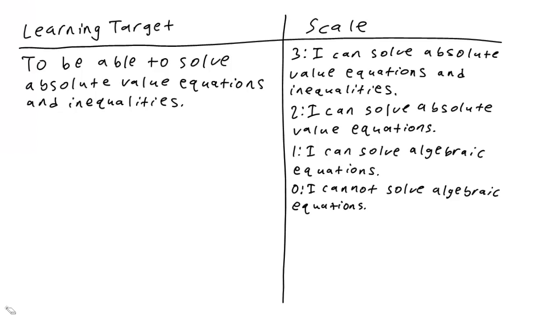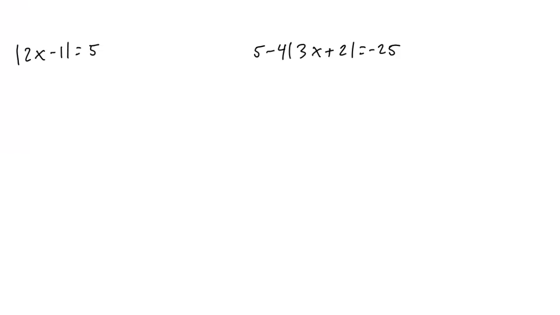Let's get started. Alright, let's start off with the one on the left here. It's a basic absolute value equation. So we've got the absolute value of 2x minus 1 equals 5. So the way we do that is once you have the absolute value, that's these two bars on the outside here, you split it into two separate equations.